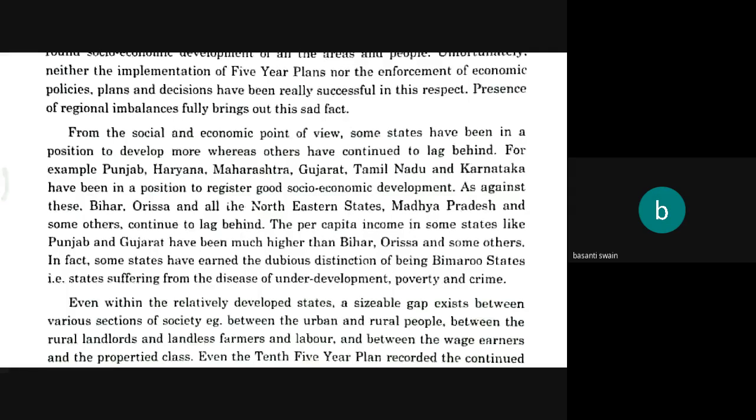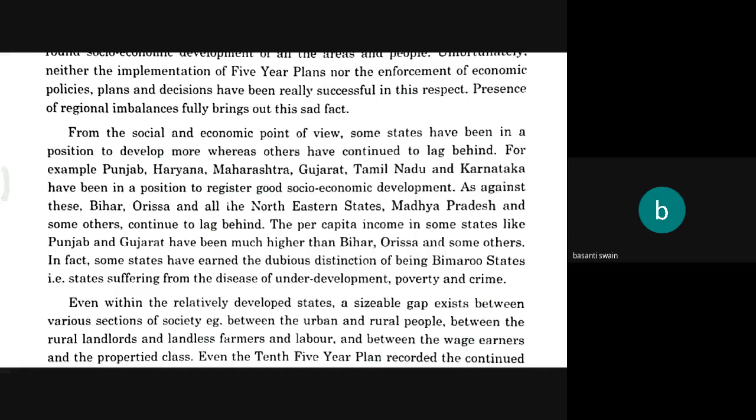But Bihar, Odisha, all the northeast states, Madhya Pradesh and some others continue to lag behind. The per capita income in states like Punjab and Gujarat is much higher than in Bihar, Orissa and some others.